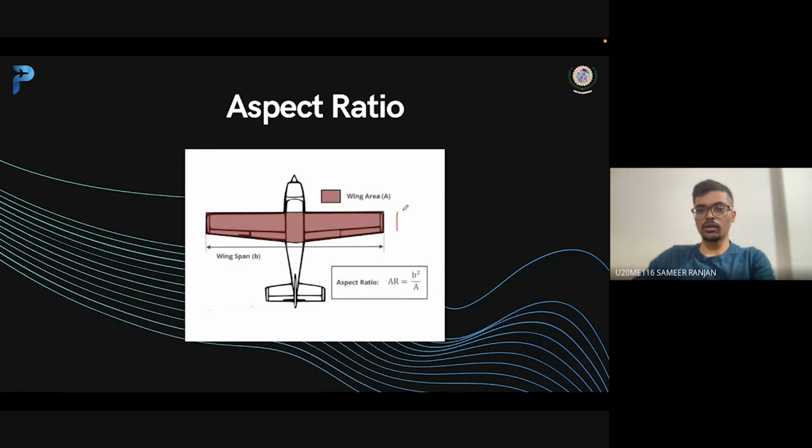So if you take a rectangular wing and suppose its chord length is C and wingspan is B, the aspect ratio becomes B square divided by B into C, cancelling this out, the aspect ratio comes out to be B by C, where this C is the mean aerodynamic chord, MAC, which I already explained in the previous slide. So these two formulas we use for calculation of aspect ratio.